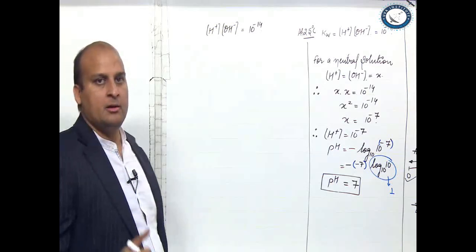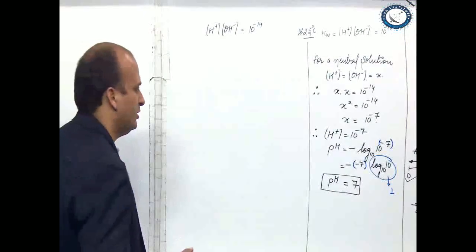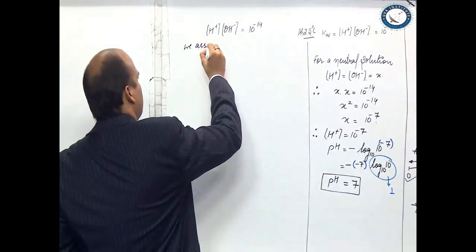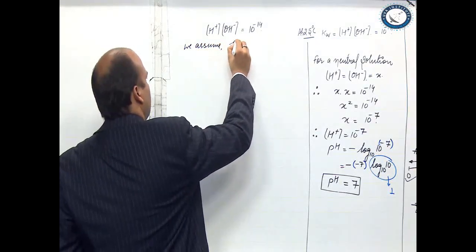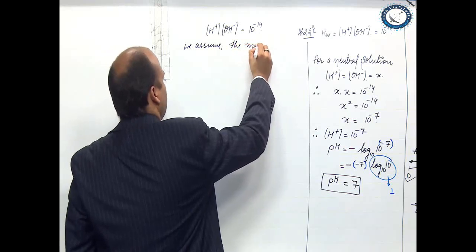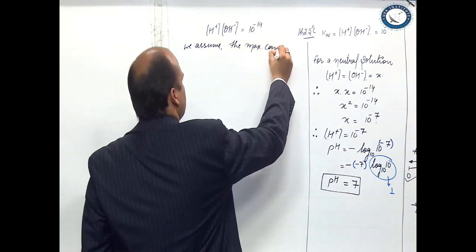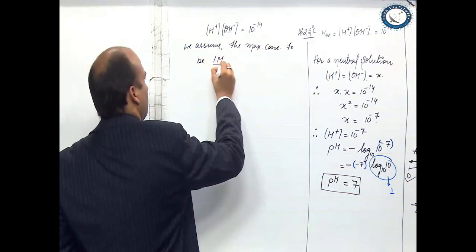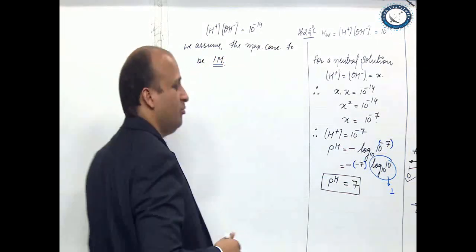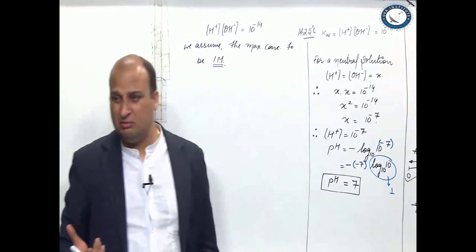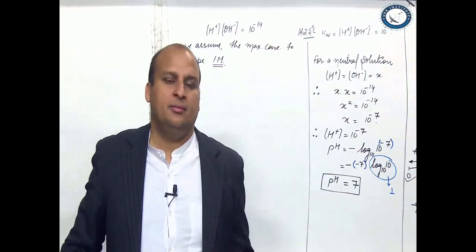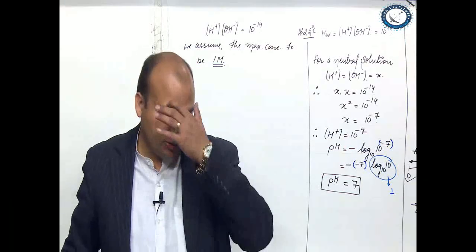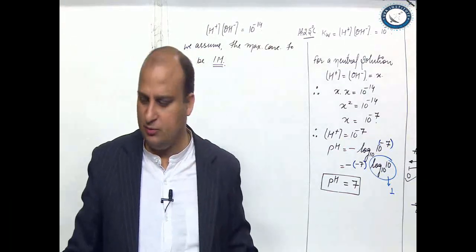Okay. The highest possible concentration, or we assume the maximum concentration to be 1 molar. You will say 1 is the maximum. But I try to do one thing. To make 1 molar concentration, it is very simple.